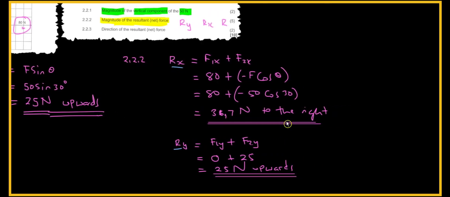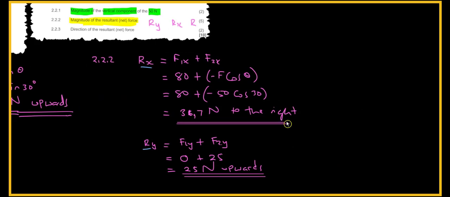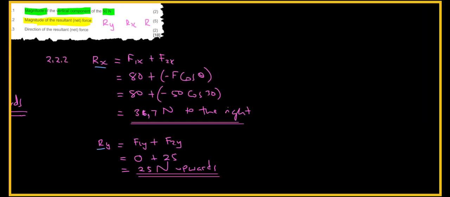Next up, I just need to sketch my vector diagram. I'll take the Rx first. My Rx is pointing to the right, so I'll simply sketch a vector to the right. So this is my Rx.